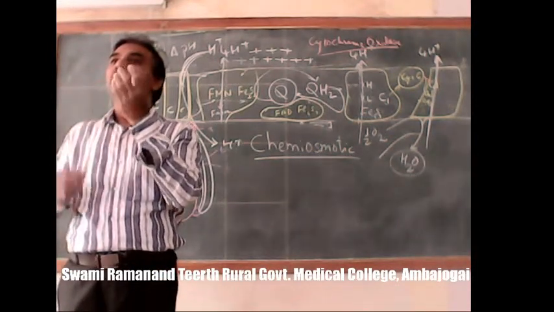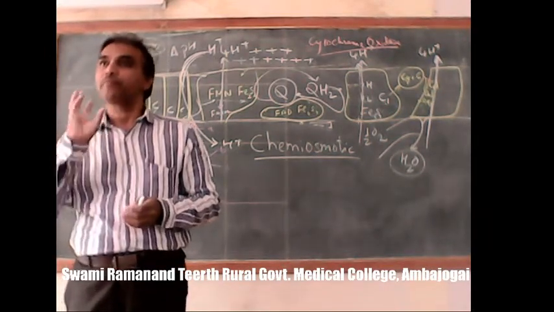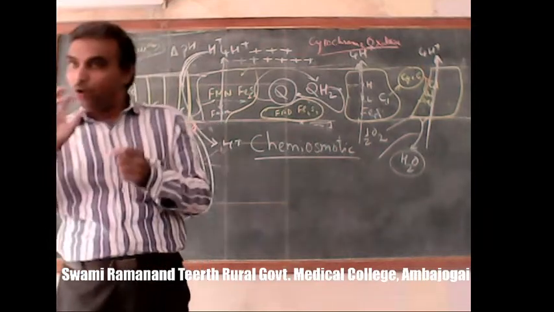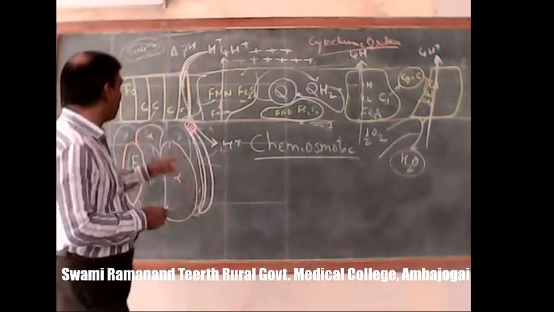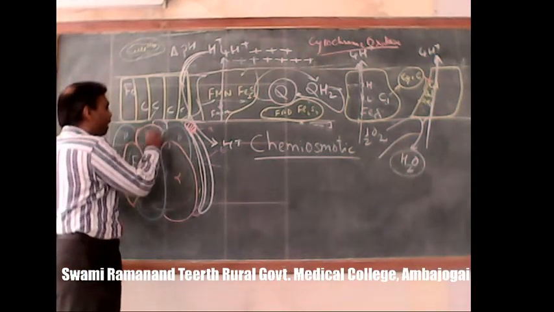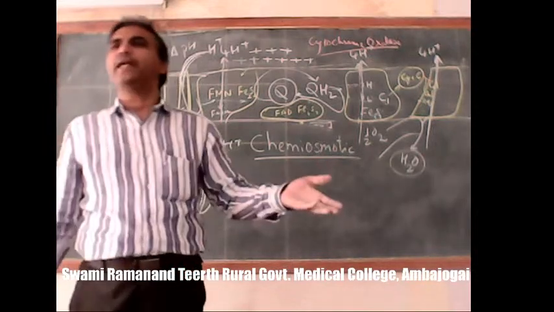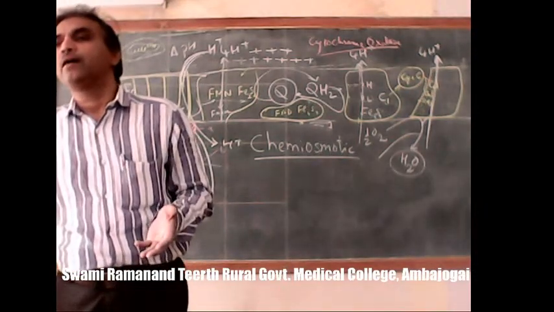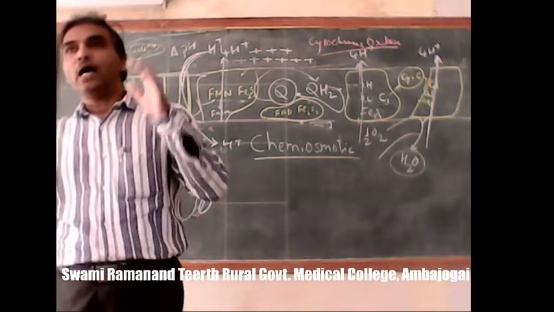Likewise this particular thing rotates. Now if this rotates, what happens? There is a gamma unit attached to it through epsilon or delta. That also rotates. Are you getting me?